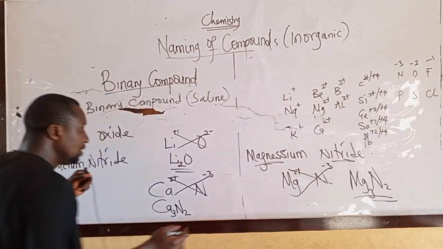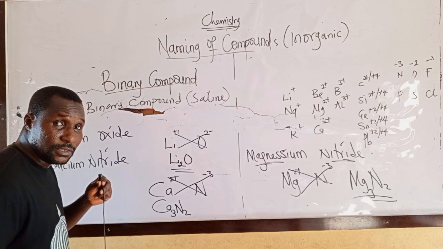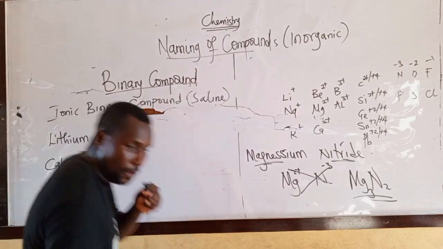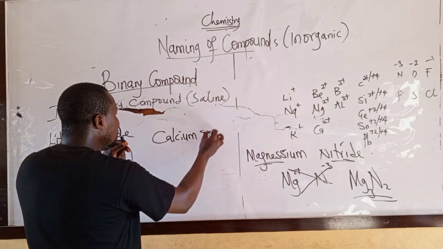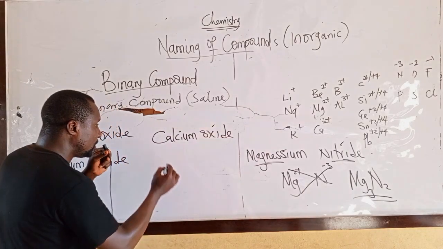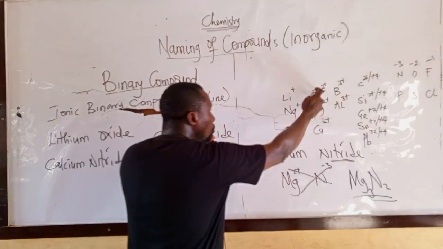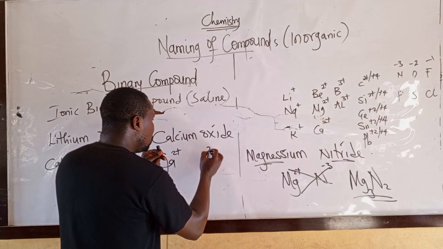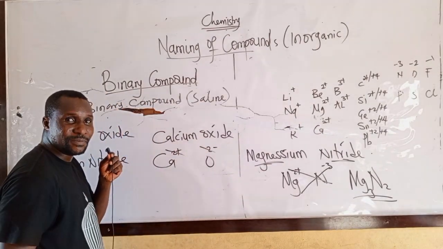If I ask you what is the chemical formula of, you can pause the video and practice them. What is the chemical formula of calcium oxide? You should know calcium and oxygen. Calcium is group 2, +2. Oxygen, group 6, -2. In this case, +2 and -2 cancel each other.